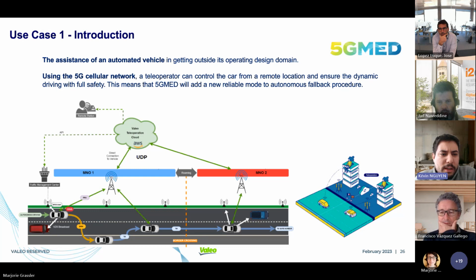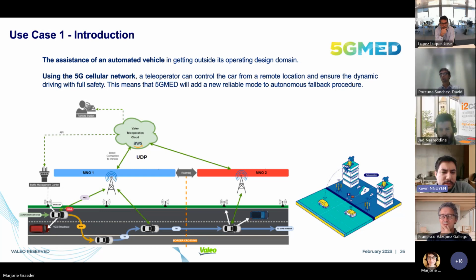So about use case 1, just to remind you, thank you, Paco, once again, you have introduced it already. We are in autonomous mode, and this autonomous mode will have an issue, which will imply remote driving this vehicle to a safe board.